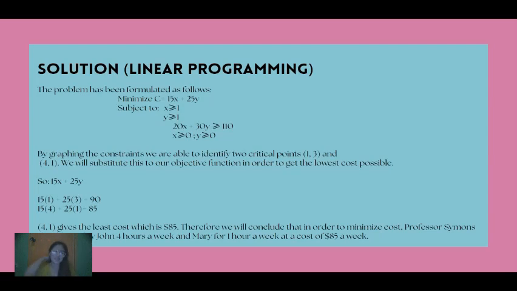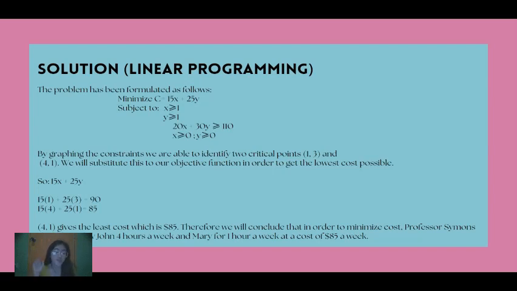By graphing the constraints, we were able to identify two critical points, (1, 3) and (4, 1). We will substitute these into our objective function in order to get the lowest cost possible. So, 15x plus 25y: 15 times 1 plus 25 times 3 is equal to 90. 15 times 4 plus 25 times 1 is equal to 85.